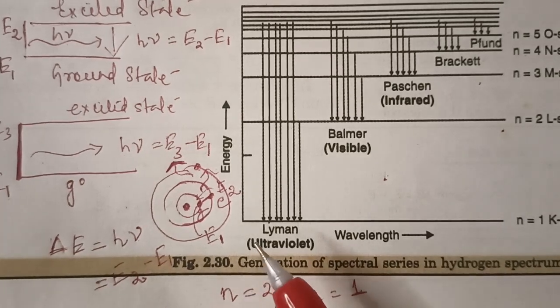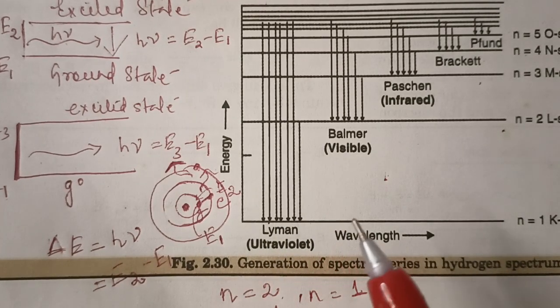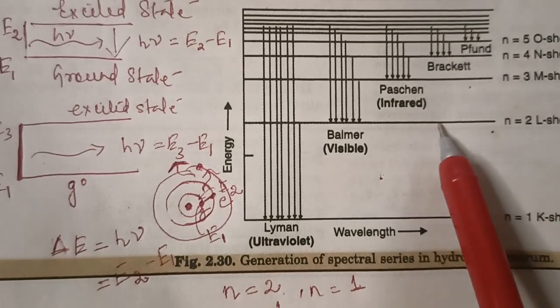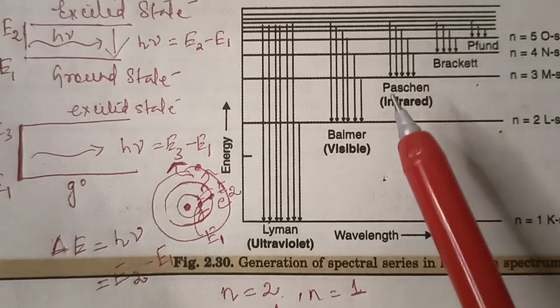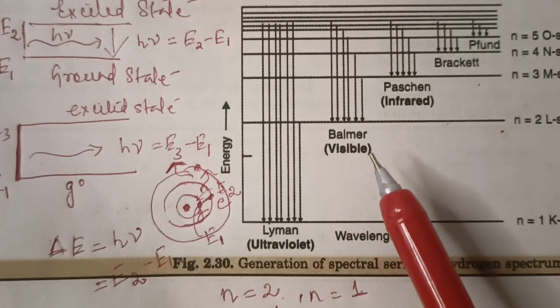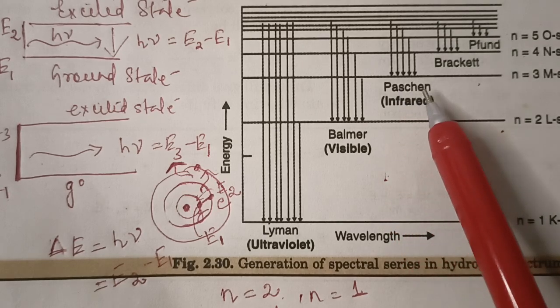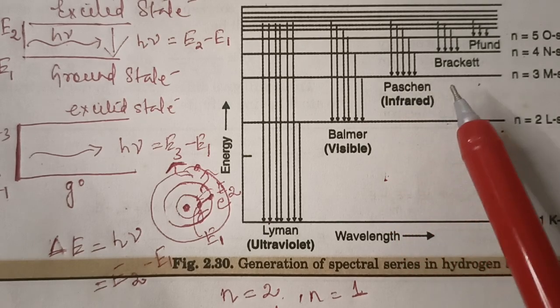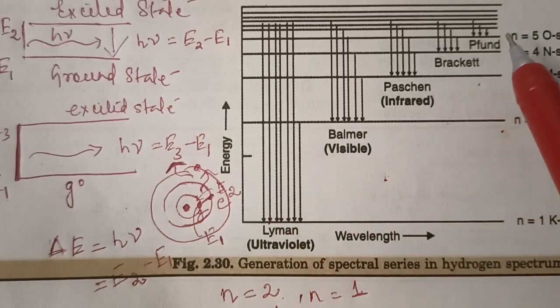Similarly, the lines obtained when the electron jumps to the second level from a higher energy level give the Balmer series. Then similarly, to the third energy level gives the Paschen series, then Brackett, then Pfund series. So this is the trend we have to remember.